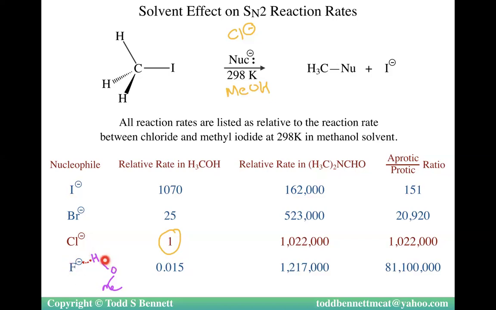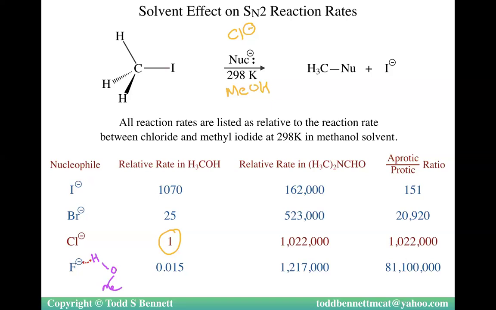Because of the hydrogen bonding interaction with the solvent, it hinders. The smaller it is, the closer it is in orbital size, the better it's going to overlap, the more it's going to interact with the solvent, and be hindered. In an aprotic solvent, fluoride being smaller is going to be a much better nucleophile. Also, HI is a strong acid, meaning I minus is stable.